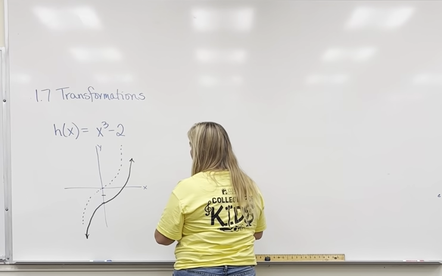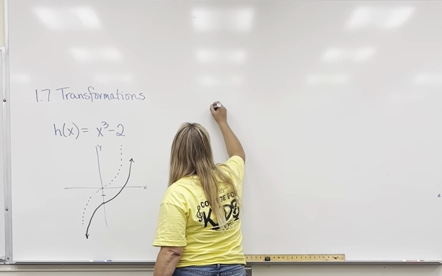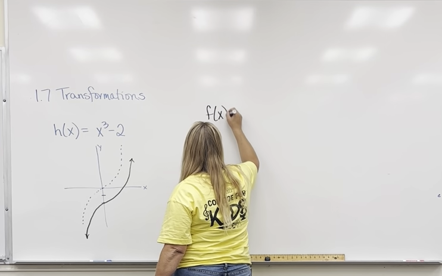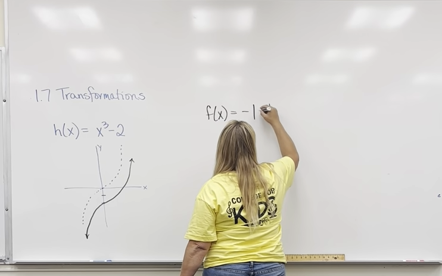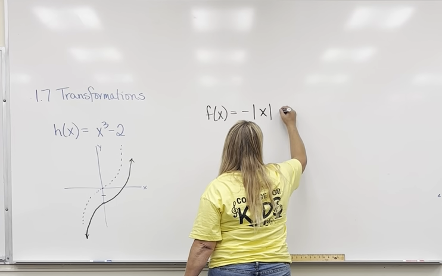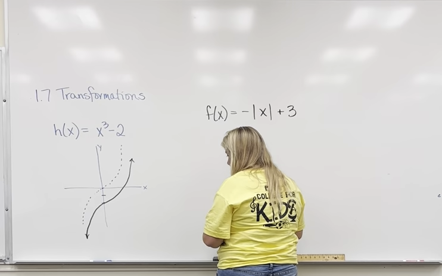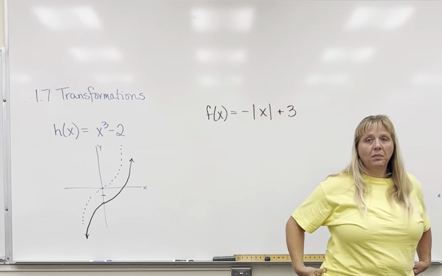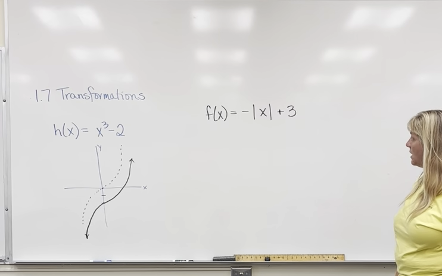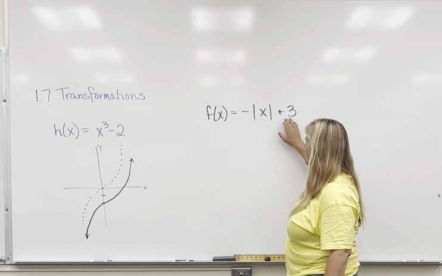So what if I asked you to graph f of x, oh I changed to the black pen, well, equals negative absolute value of x plus 3. So now I'm bumping it up on the difficulty scale by giving us 2 transformations.